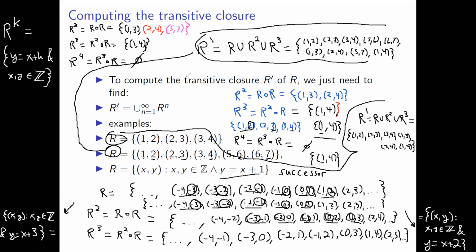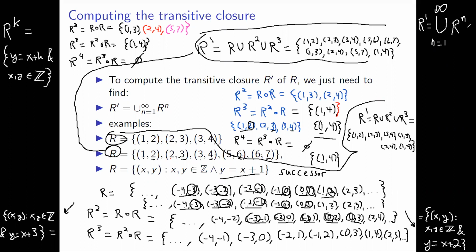And if we want to find the transitive closure of this relation, this last one, this r, the successor relation on the integers, we can just calculate r prime, which is this infinite union, n equals 1 to infinity of r to the n.